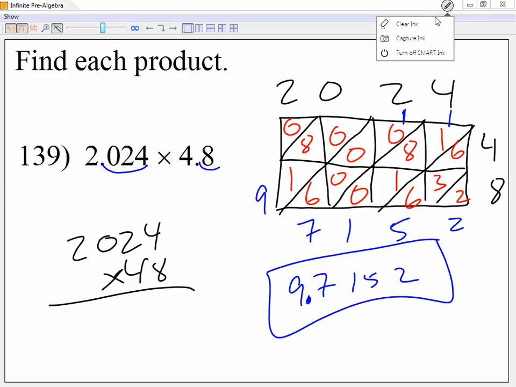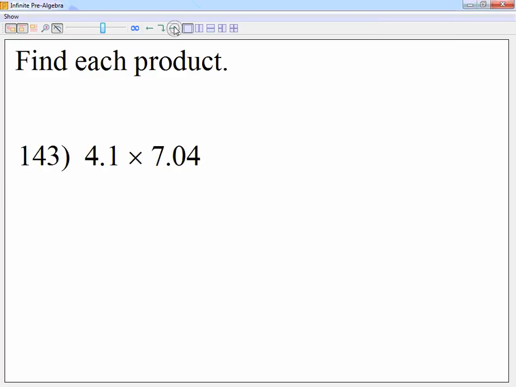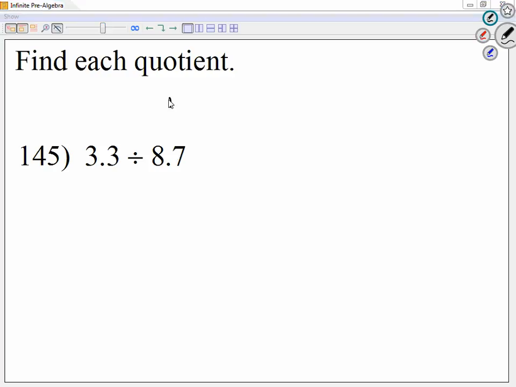No? All right, let's take a look at 145. The second number should not have any decimals. I don't care about the first one. I look at the second one. I need to move the decimal point 1 place to the right, so do the same on the first one.